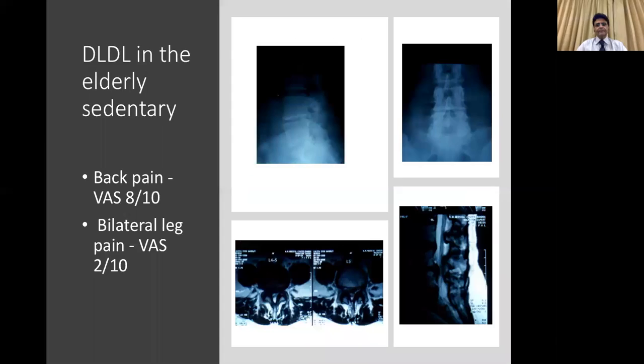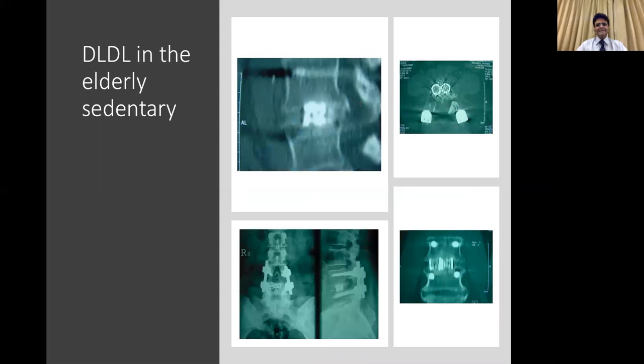Now let's look at the elderly sedentary patient, where you have back pain, leg pain, bilateral pain, going from axial back pain to early element of canal stenosis, but where it's mainly back pain related, not much of a sagittal instability.